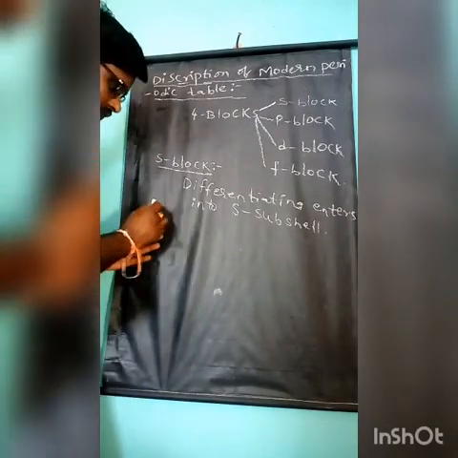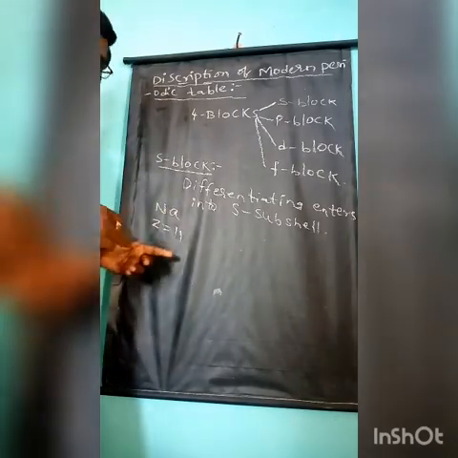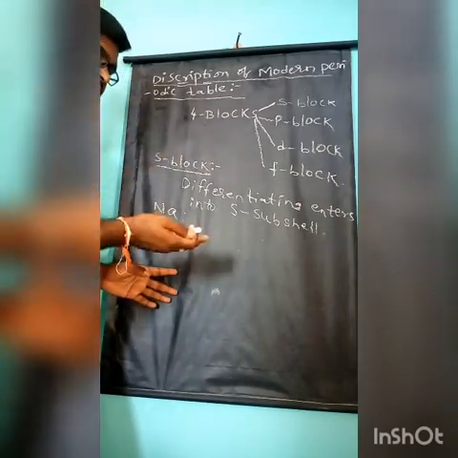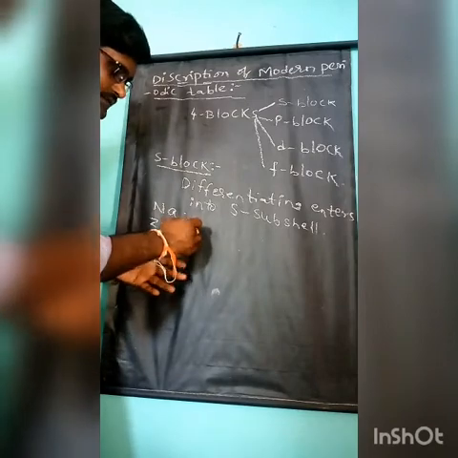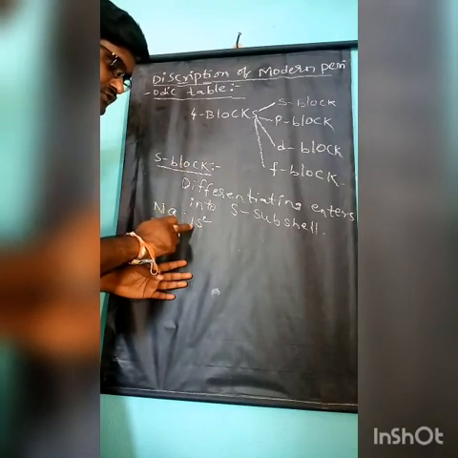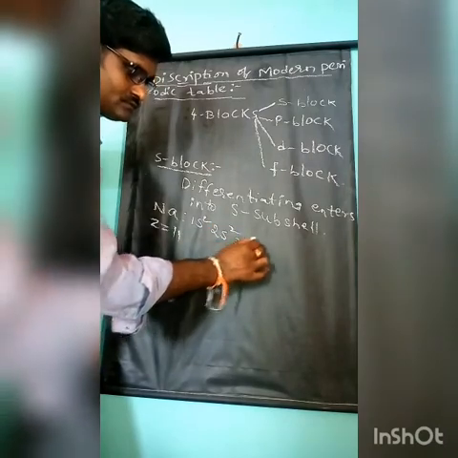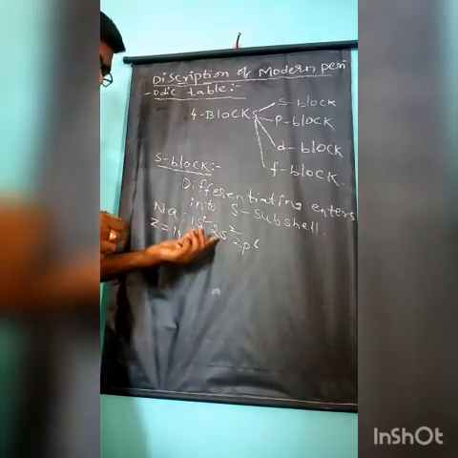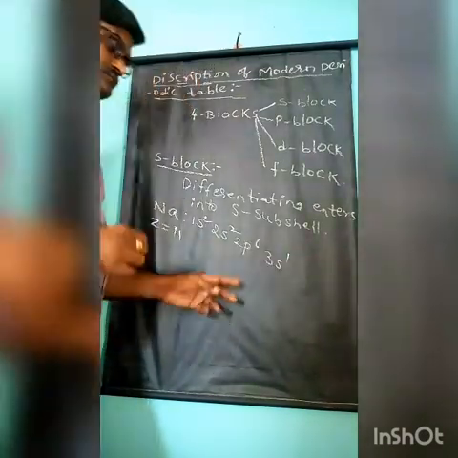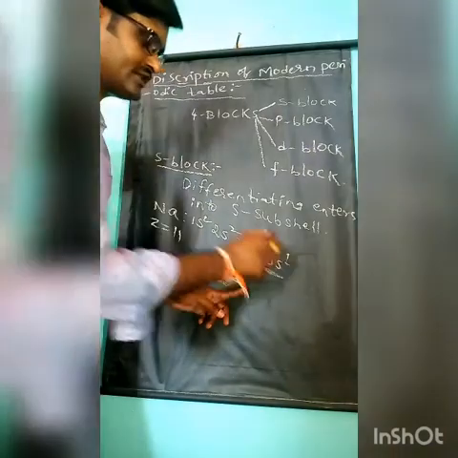Let me see. For example, if you take sodium, its atomic number is 11. It contains 11 electrons. When you distribute the 11 electrons of sodium into orbits and subshells, 2 electrons are distributed into the 1s subshell, and 8 electrons are distributed into the second shell, that is 2s2 2p6, and the last electron enters into the 3s subshell.